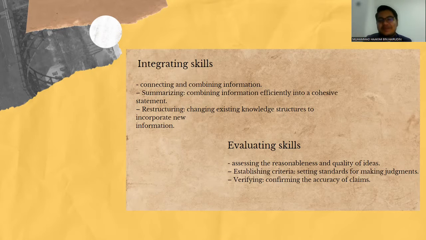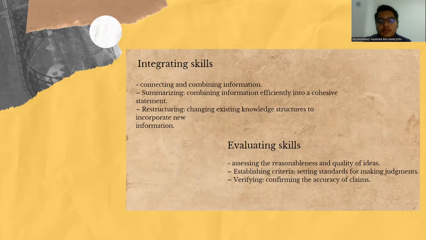The seventh point is integrating skills, by reconnecting and combining information. And we summarize by combining information efficiently into a cohesive statement, and structure by changing existing knowledge structures to incorporate new information.